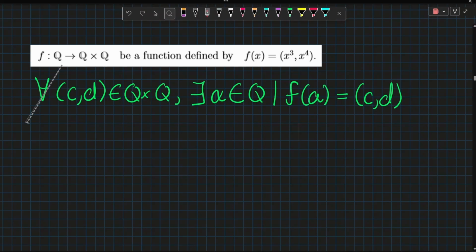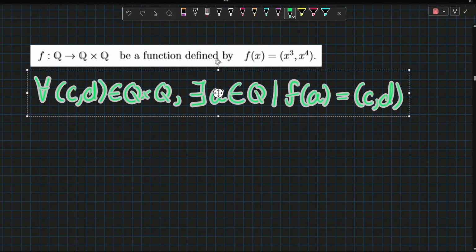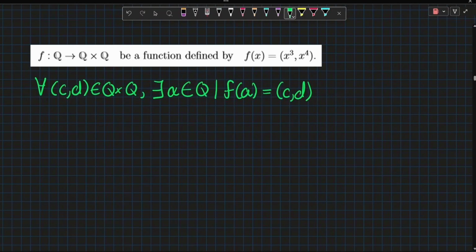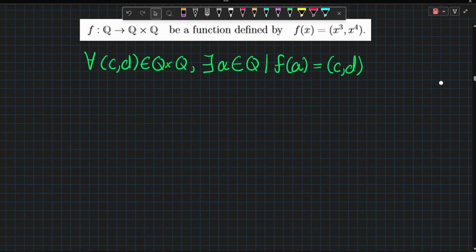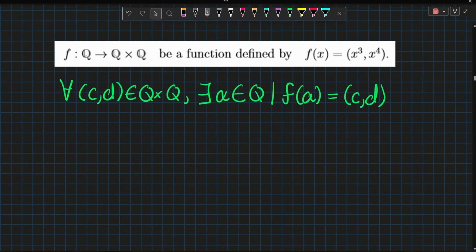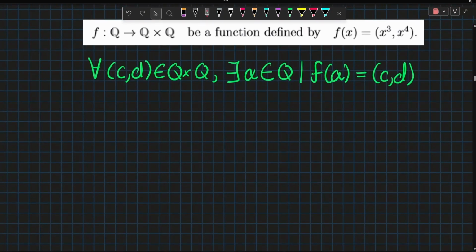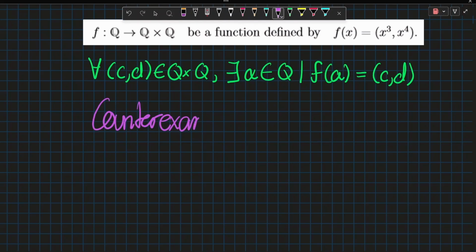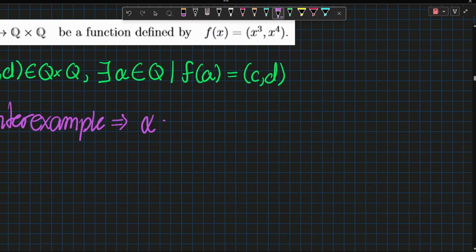Now, an easy way to disprove something is to find a contradiction. Because unless a theory is true for all cases, it is not a theory, it's just incorrect. So all we have to do to disprove that this is surjective is find one counterexample, and that's it. For us to find a counterexample, we need to find some instance where our input alpha cannot map to some output (c, d).